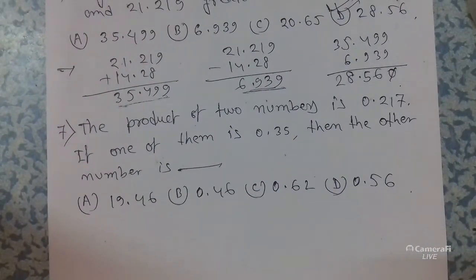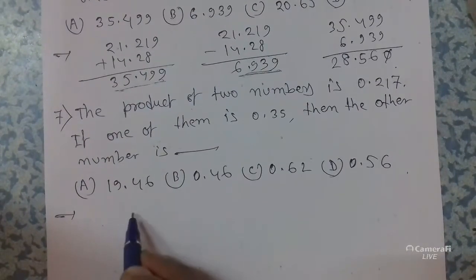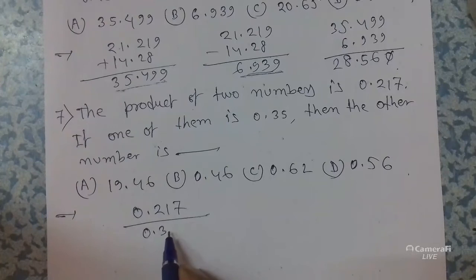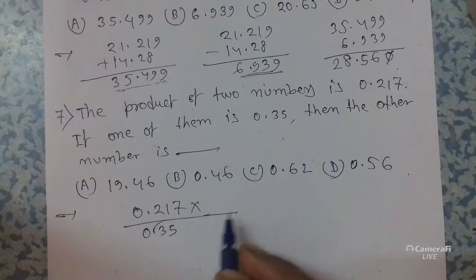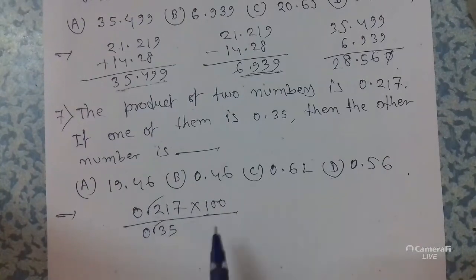So the problem is, the product of two numbers is 0.217. If one of them is 0.35, then find the other. So here we have to directly divide 0.217 by 0.35. If you remove this point, you will get 1000 in the numerator, and if you remove this point, you will get 100 as denominator.